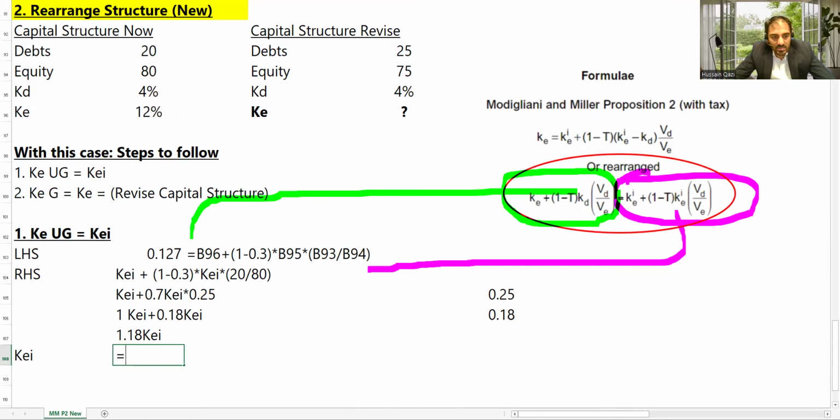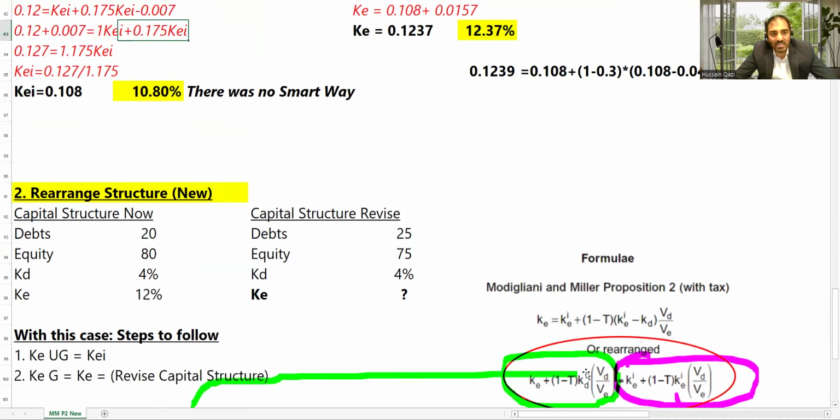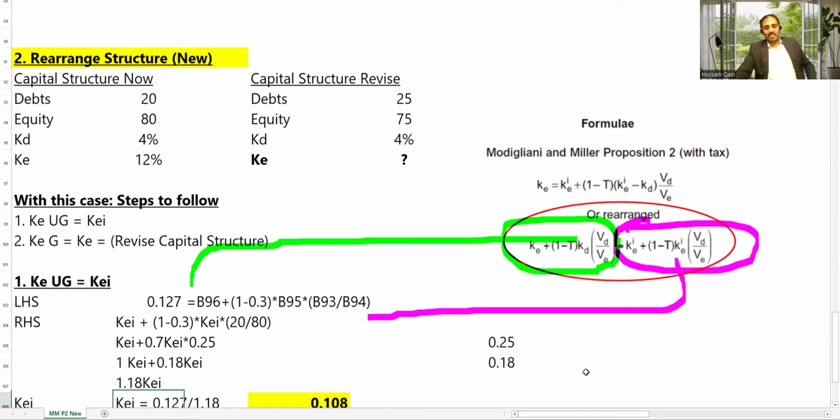KEI is equal to the left hand side, 0.127, divided by 1.175, and that is 10.8%, the same value. What is the same value? The same value you used with the old method, 10.8%.